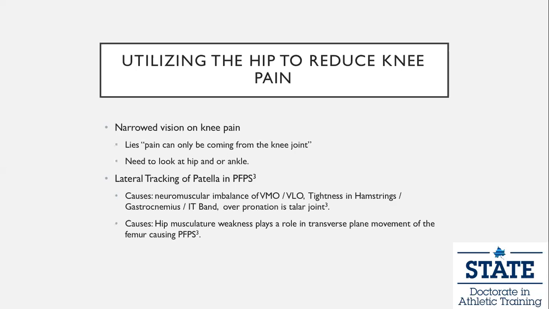Also, hip musculature weakness can play a role, with the movement of the femur causing patellar pain. And these are just a few examples from the literature that will start stimulating the thought process of, oh, hey, maybe I should start looking at these different extremities.